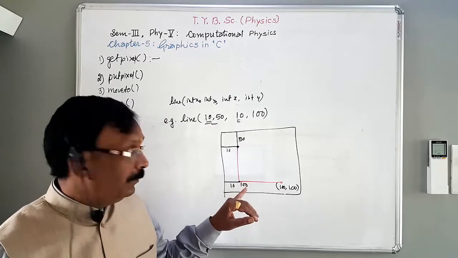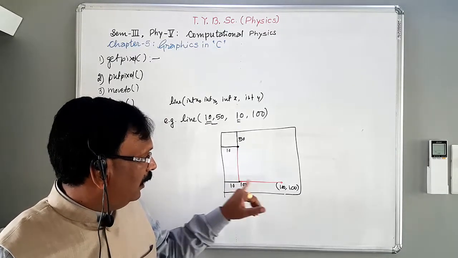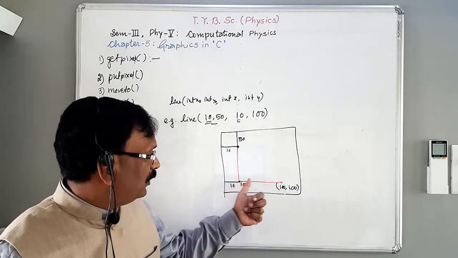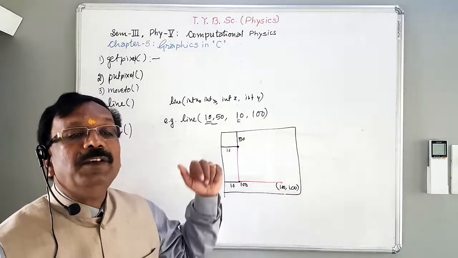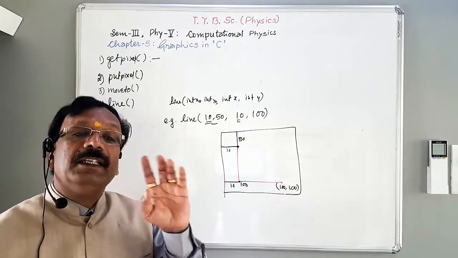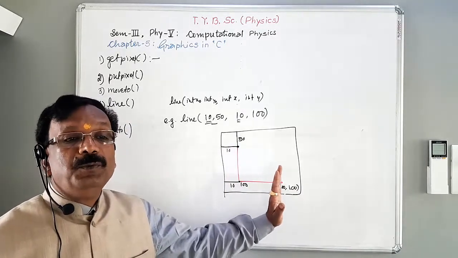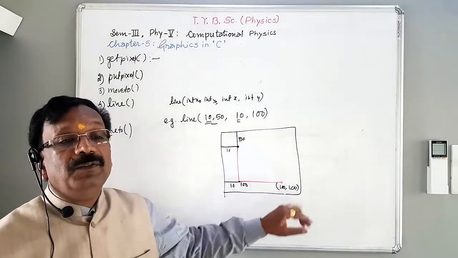In this way, if we are already here and we want to draw a line from this point to this point, then we have to move the coordinates from this position to the new position. So the line to function draws a line in graphic mode from the current position to the new position specified by the parameters x and y.